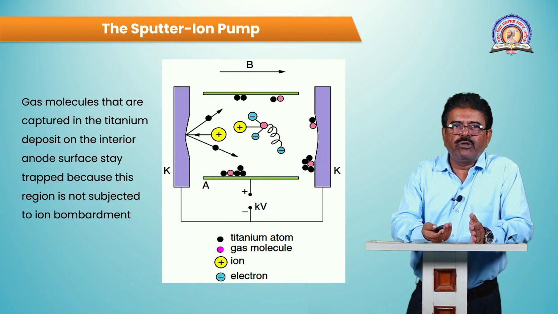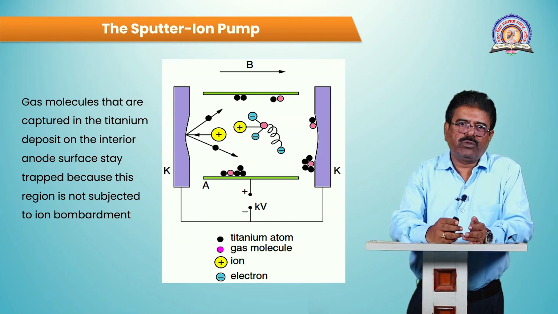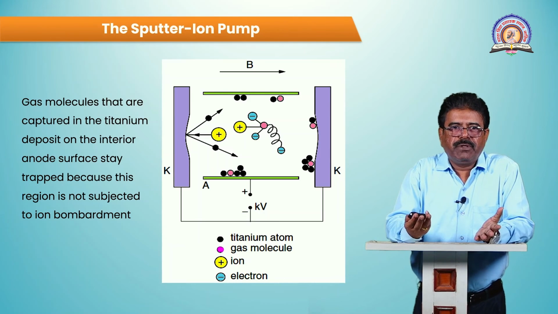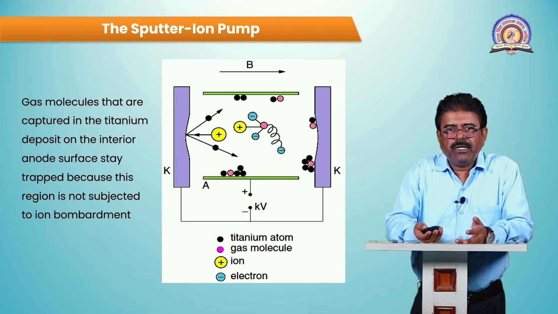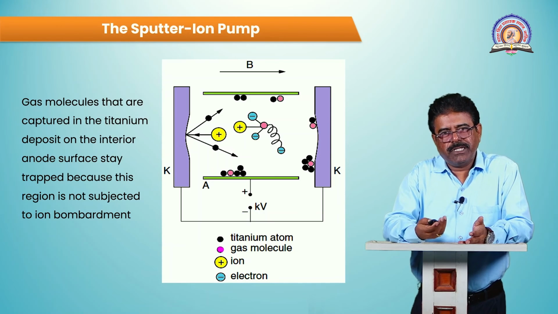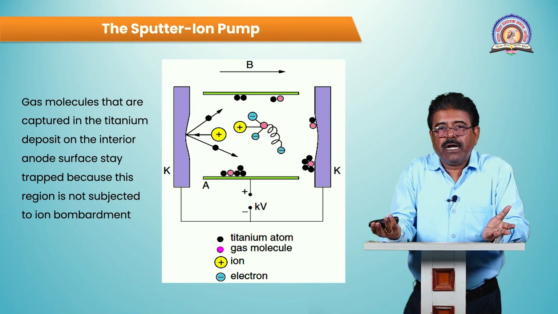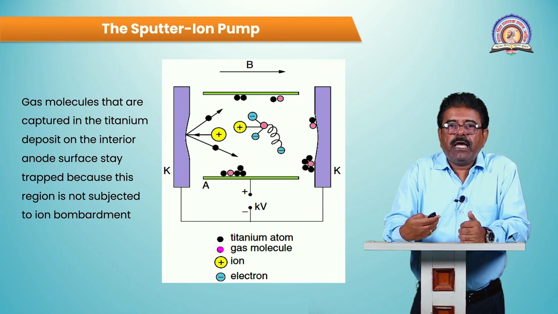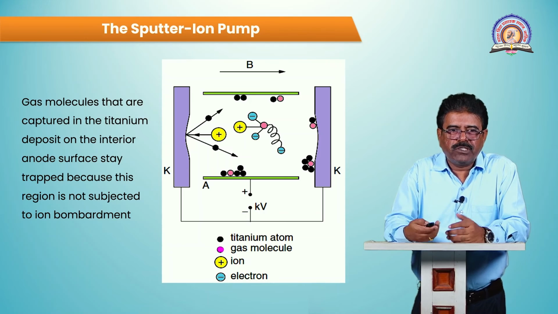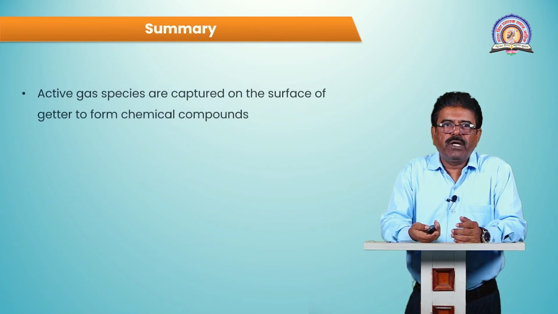The gas molecules captured in the titanium deposit on the interior anode surface stay trapped because this region is not subjected to ion bombardment. The cathode is subjected to ion bombardment, but on the anode surface the ions are not colliding. Therefore, it is free from such collisions, and the gas molecules can be easily buried there.